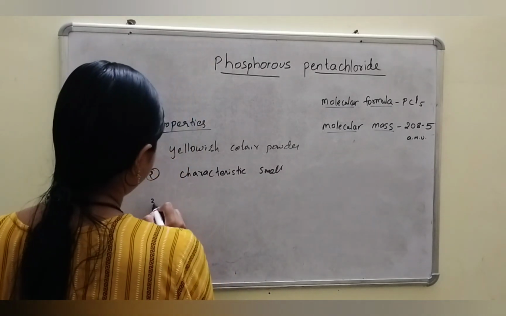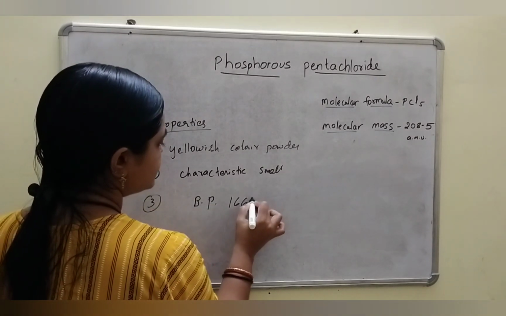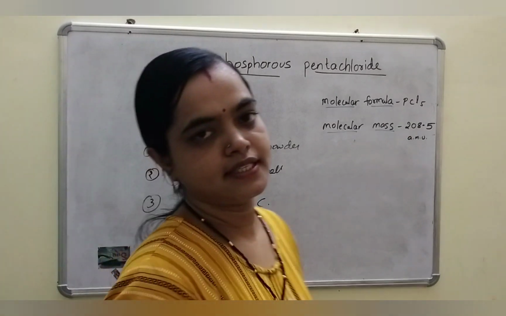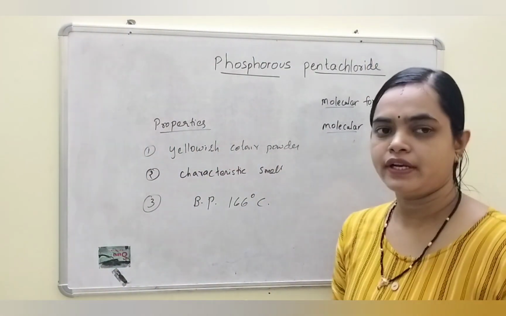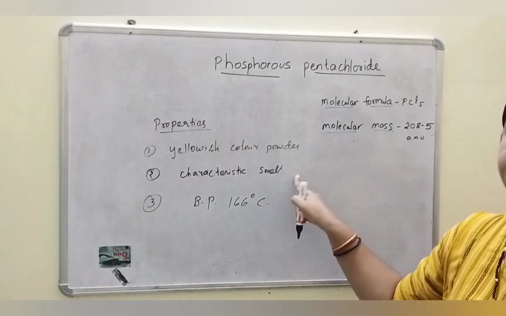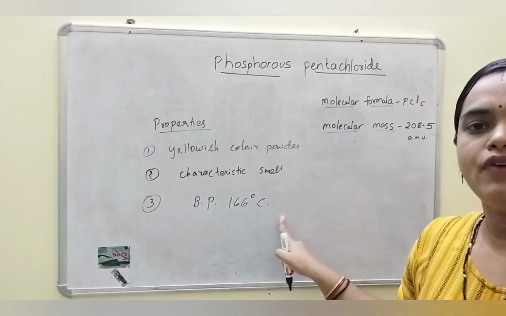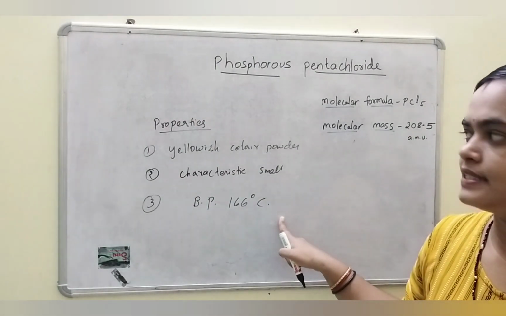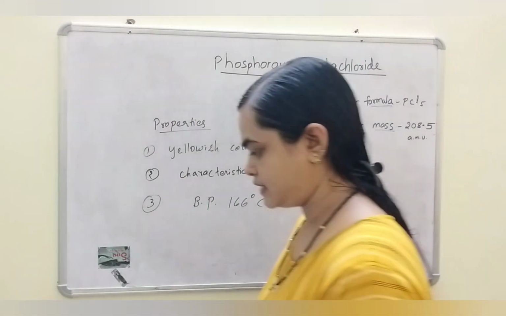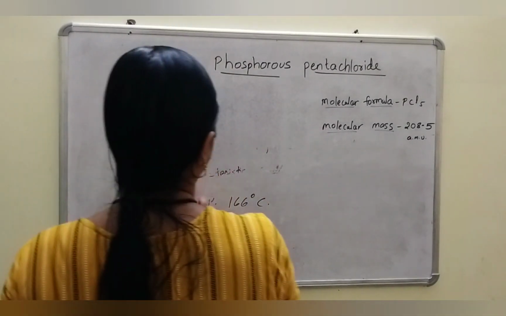And the third property, its boiling point is 166 degrees Celsius. So the properties are: yellowish color powder, it gives a characteristic smell, and the boiling point is 166 degrees Celsius.